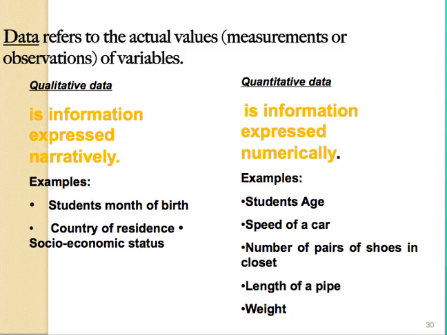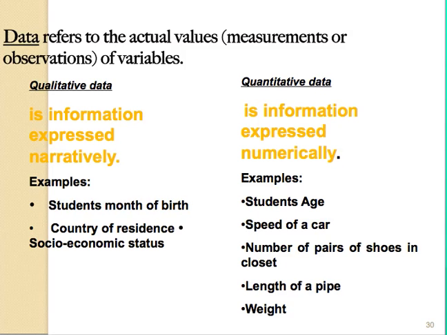All right, now earlier we looked at variables as any characteristic of interest to the researcher. Now data refers to the actual measurements or values or observations of those variables. Data can be broken down into two groups, qualitative and quantitative data. Qualitative data is data that is expressed in words, while quantitative data is data that is expressed numerically.